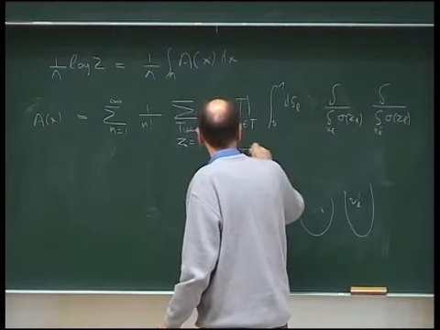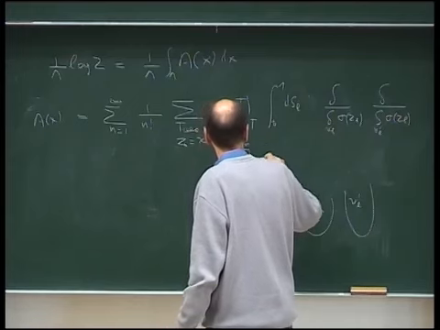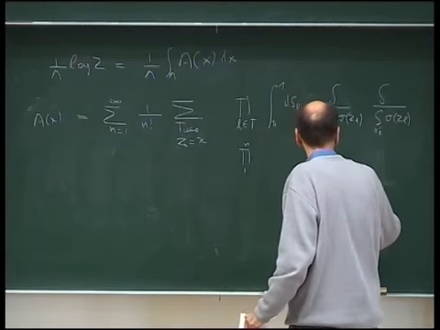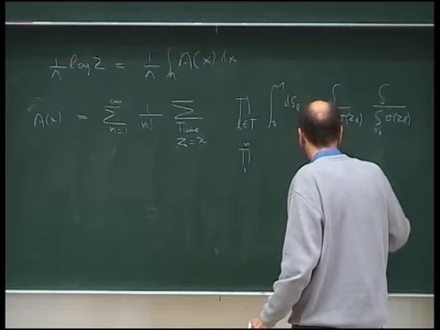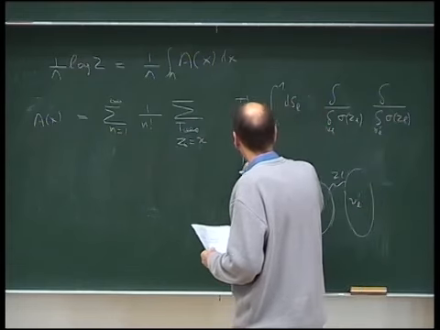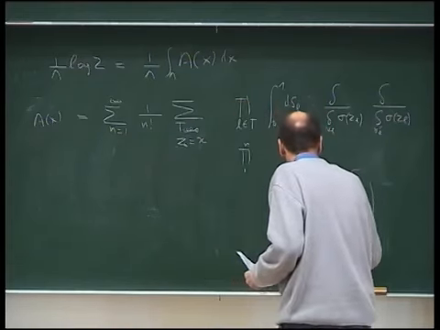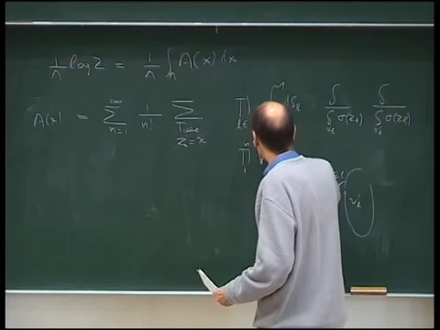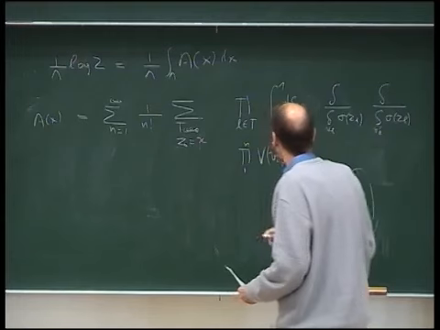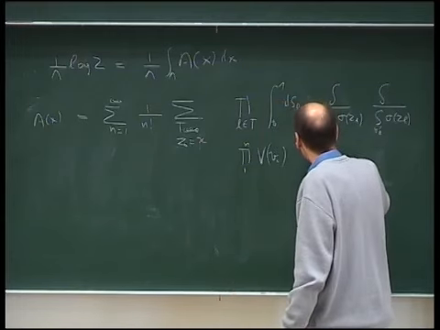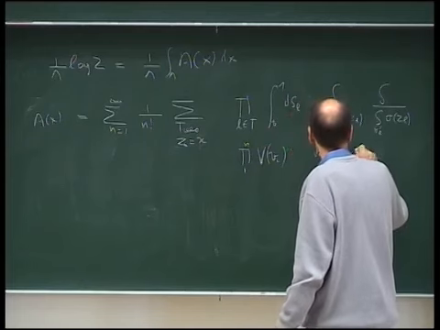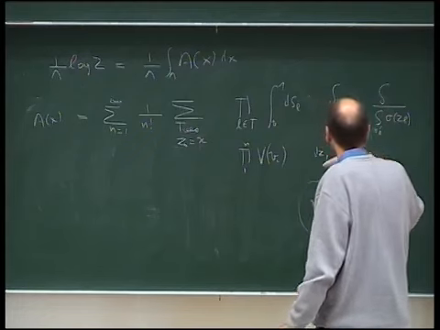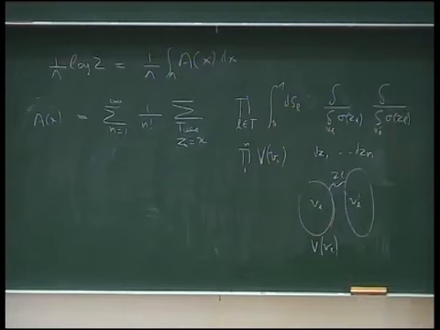Then you have the product from 1 to n over all the loops, so I call that big V of v_L, this is the loop, and they will be a product from 0 to 1 of all the v_i, if you want. And then you have an integral over all the points, but the first one.